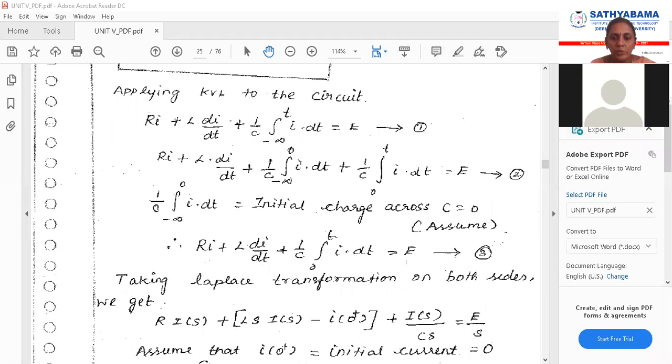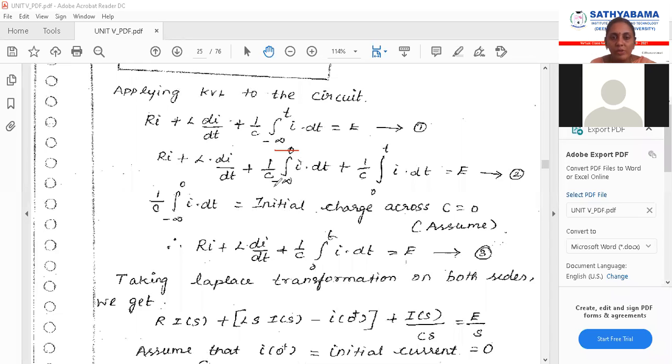Now see here, Ri plus L di by dt, right? For capacitance, this integral is going to be split. The integral from minus infinity to t is split into minus infinity to 0, and 0 to t. Because some initial charge would have been present in the capacitance.